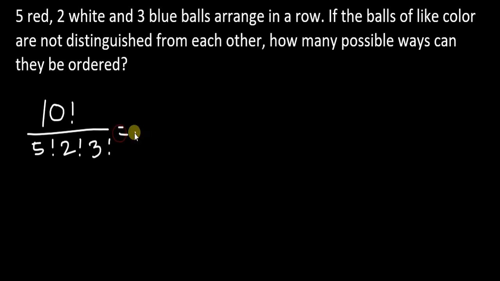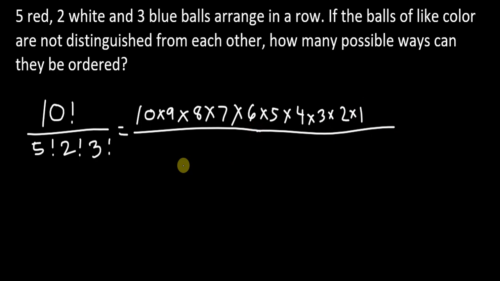And sa 10 factorial, that is 10 times 9 times 8 times 7 times 6 times 5 times 4 times 3 times 2 times 1. At sa 5 factorial, that is 5 times 4 times 3 times 2 times 1. And for the 2 factorial, is 2 times 1. At sa 3 factorial, 3 times 2 times 1.